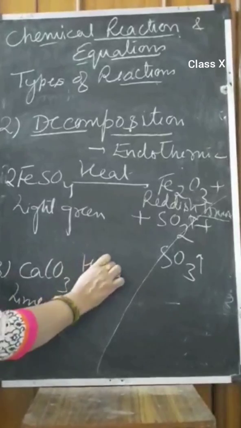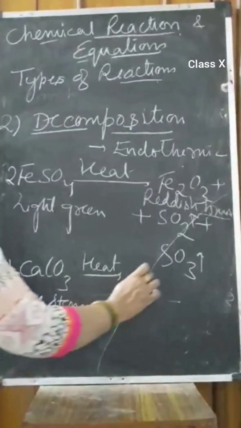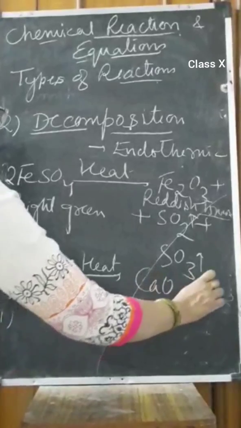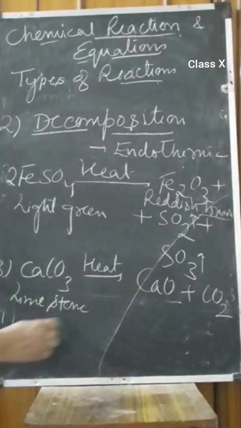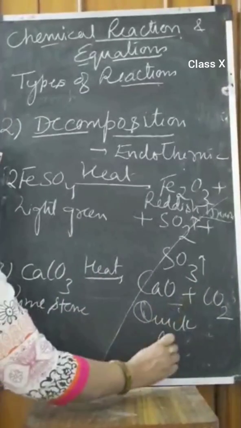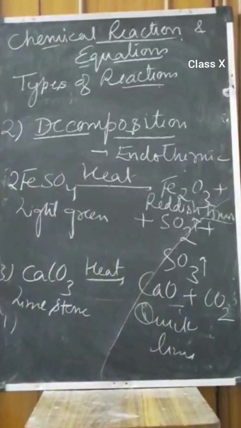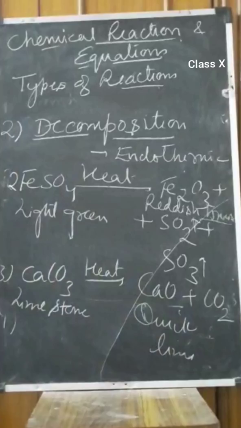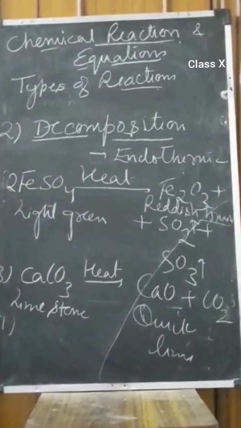When heated, it forms calcium oxide and carbon dioxide. We just discussed the common name of calcium oxide, which is quicklime. So these are the various examples of decomposition reactions in the presence of heat.